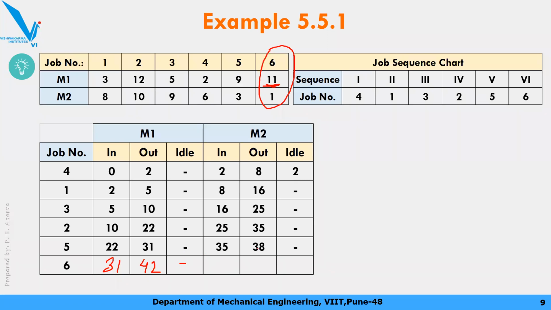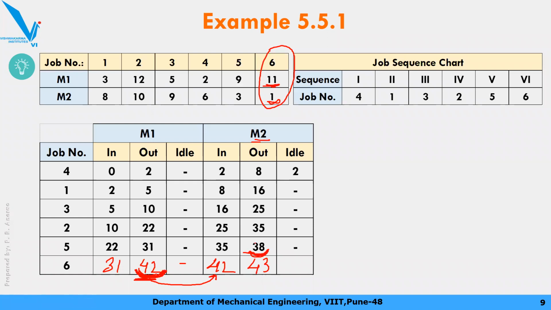Now machine 2 is free at 38 hours, but it is going to wait till job 6 is done with machine 1. ठीक है, अब देखो 38 में ये मशीन नंबर 2 फ्री हो गया. It is free, but job 6 is not done up to 42 hours. So during this period it is going to be idle. So at 42 it will enter on machine number 2. It is going to take only 1 hour to complete. So at 43 it will be over.